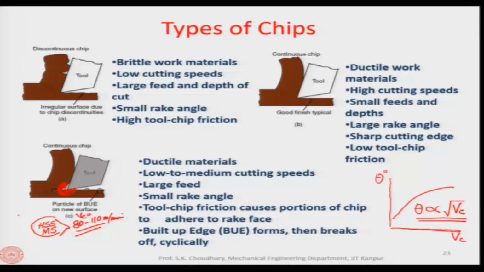So at any instant of time, the value of the rake angle is different, and therefore the cutting process changes, because, as I will discuss further, the cutting force and power consumption all depend on the rake angle. So, it is not desirable to have built up edge formation, and we have to avoid it.